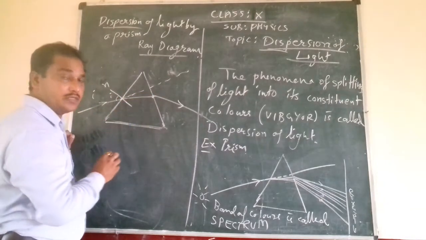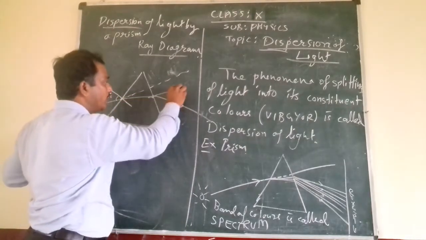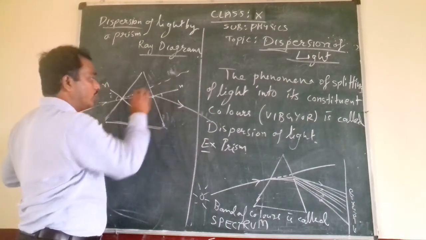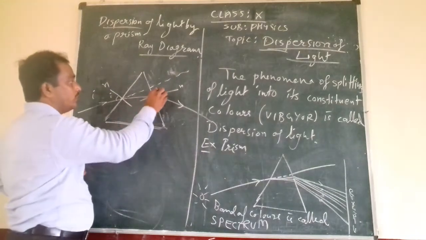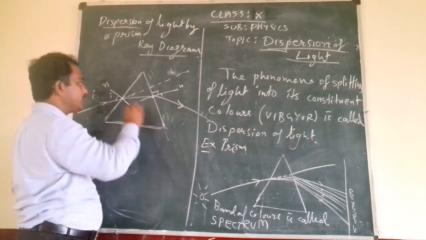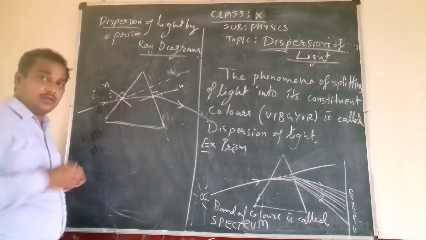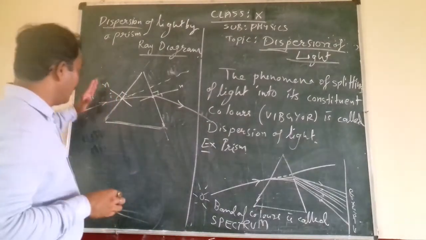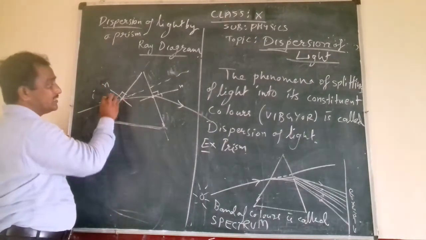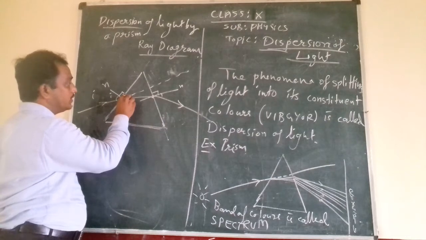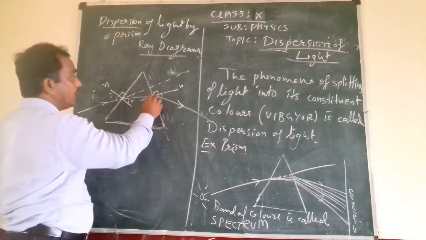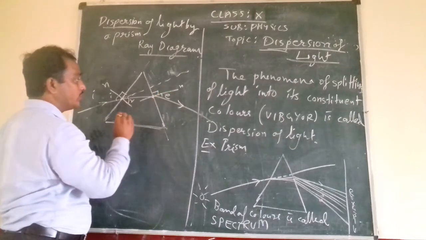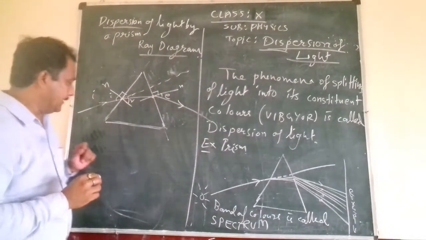Where the emergent ray is coming out, we will draw the normal again. The normal is always perpendicular to the surface, correct? So this is 90 degrees with the surface of the prism. This is the incident angle, and the angle the ray makes with the normal inside is called the angle of refraction, and the angle at which the ray comes out is called the emergent angle.